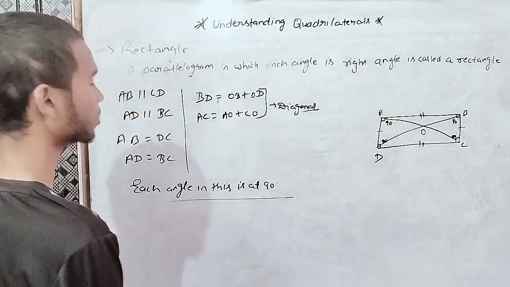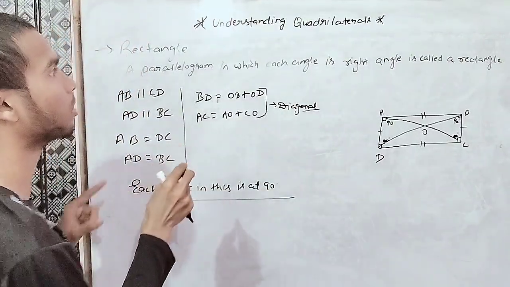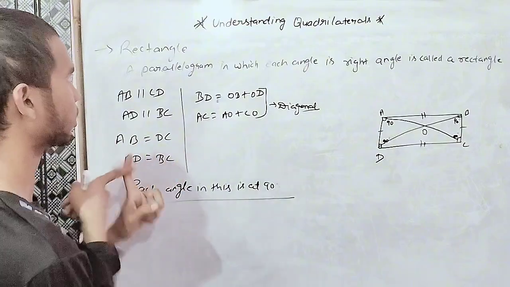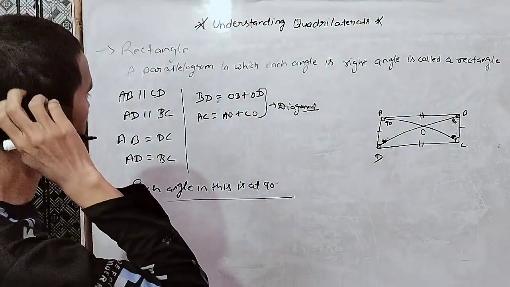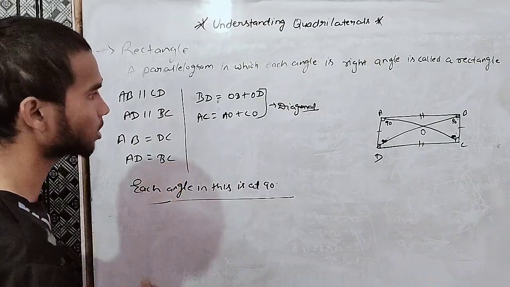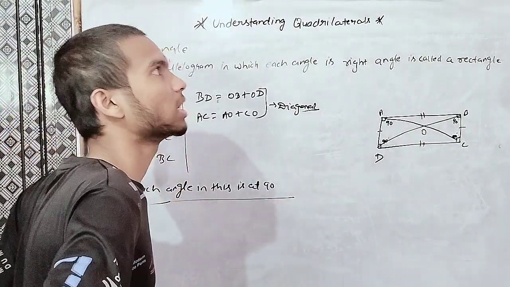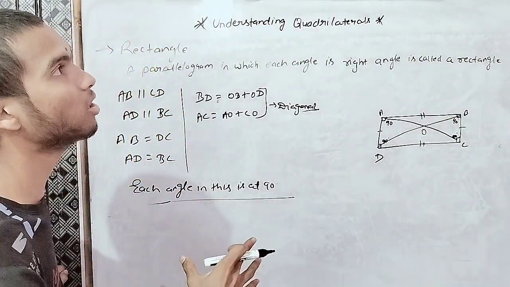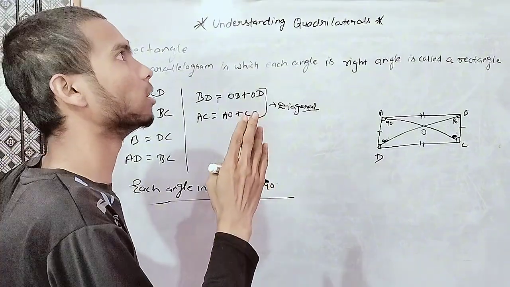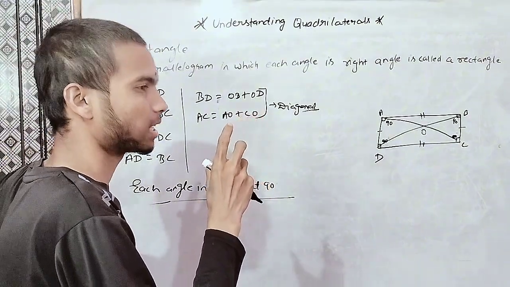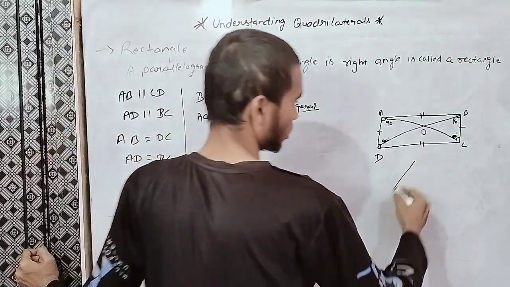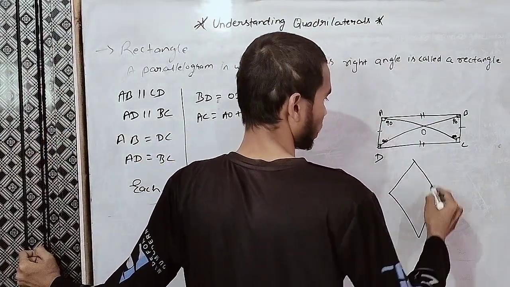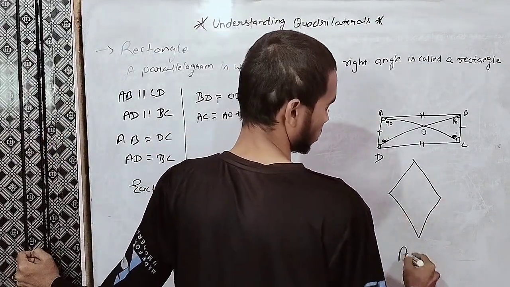This is the difference between a rectangle and a rhombus. In a rhombus, we will see that each angle is different. This is a diagram of a rhombus.